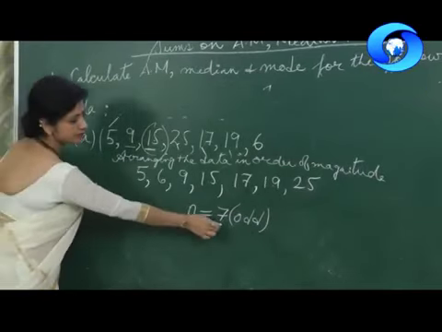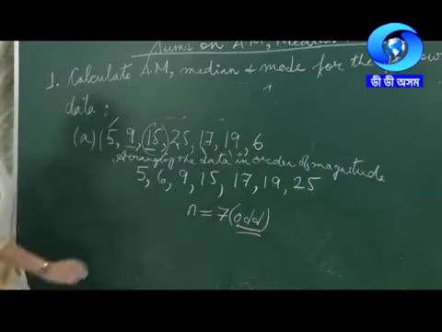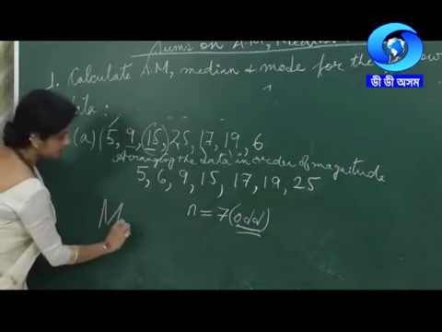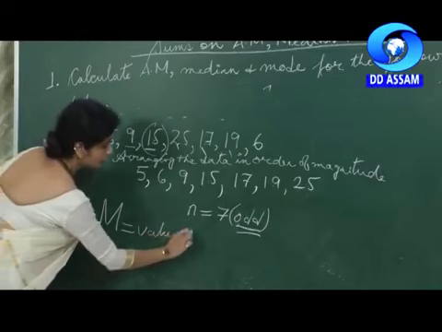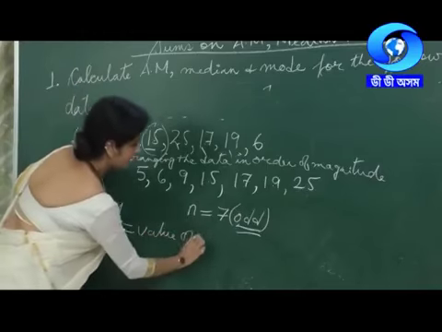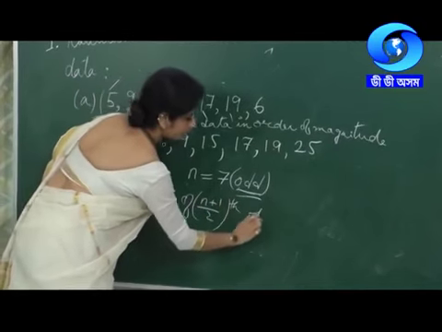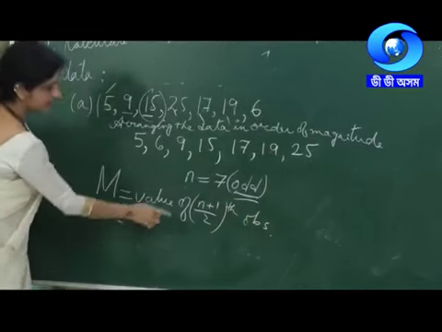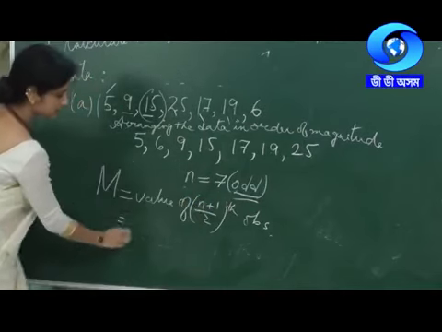We have also found out the number of observations, and we have found it to be odd. When it is odd, median is equal to the value of the n plus 1 by 2th observation. So what is n here? N is 7, plus 1 is 8. 8 by 2 is 4.